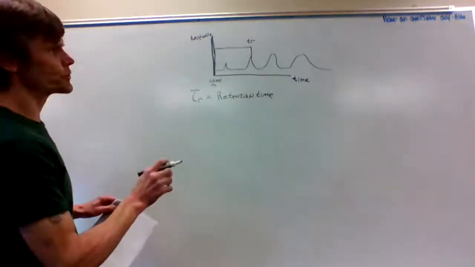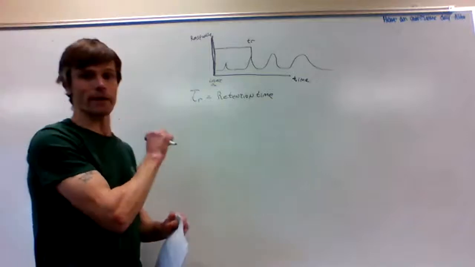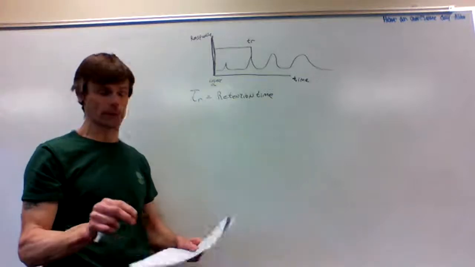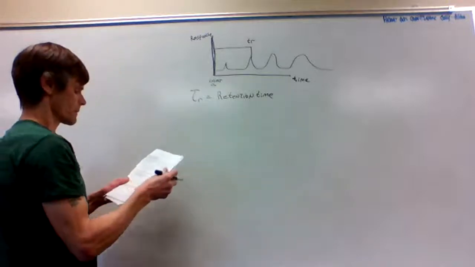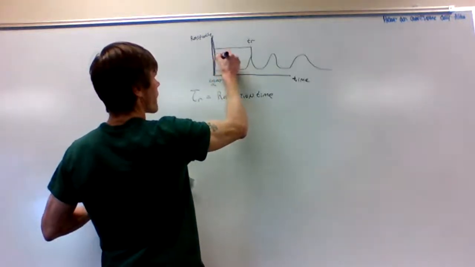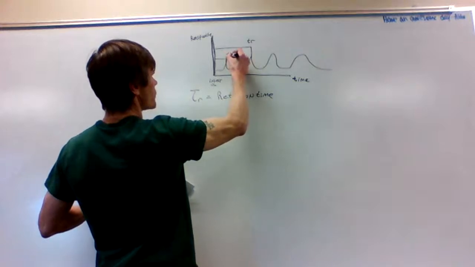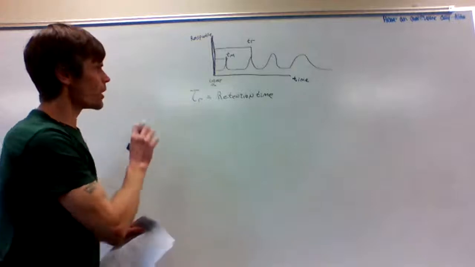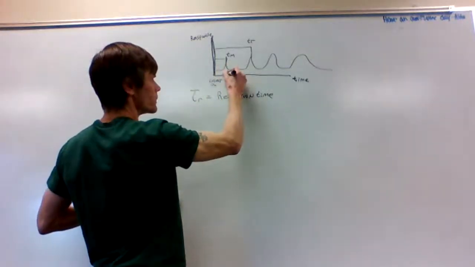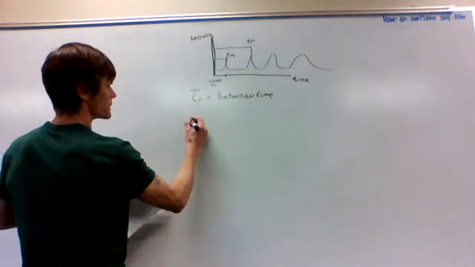And let's look at this other small species that I have here. Now, I have that on this graph, and I didn't label it yet because this is an important species. We're going to call this TM with a lowercase m. Now, this small peak right here represents T sub m.